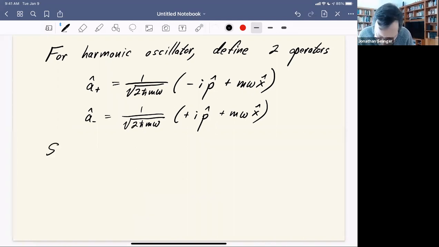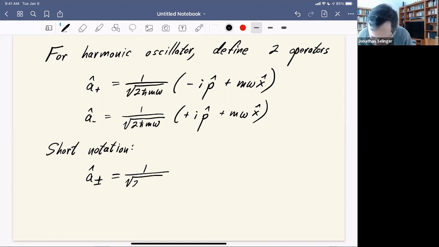A short notation is to write these two things together. To say we have a plus or minus is defined as 1 over the square root of 2 h bar m omega times minus or plus i p hat plus m omega x hat.